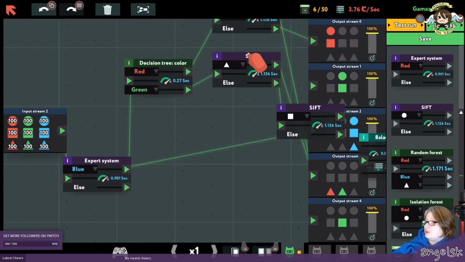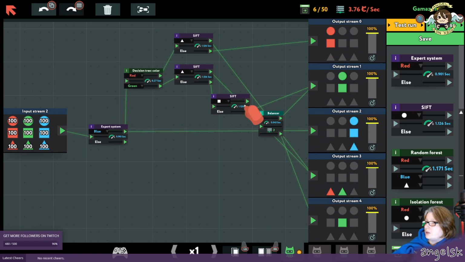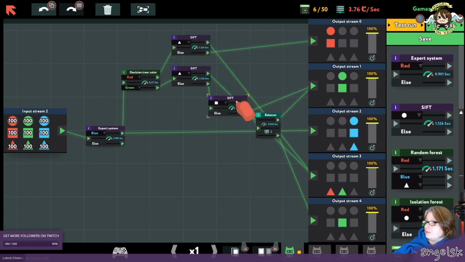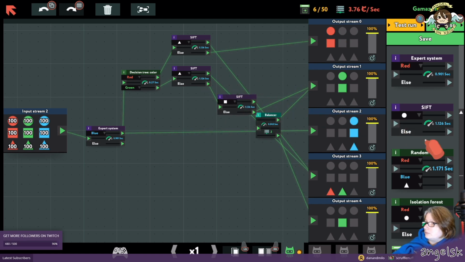So we're sifting twice. For green, we're sifting twice.